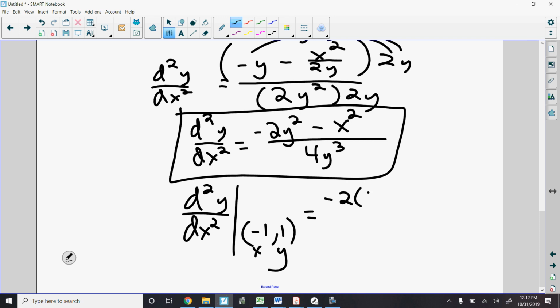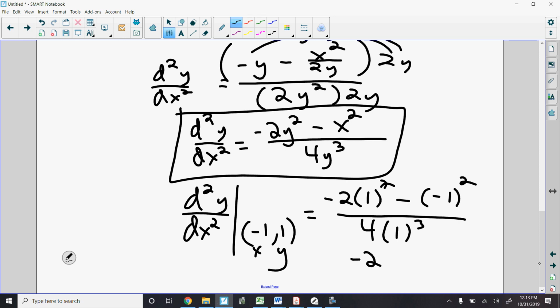So it's going to be negative 2 times 1 squared minus negative 1 squared over 4 times 1 cubed. 1 squared is 1. 1 times negative 2 is negative 2. Negative 1 squared is 1. So I'm subtracting that 1. And I'm going to get negative 3/4. There's my final answer.